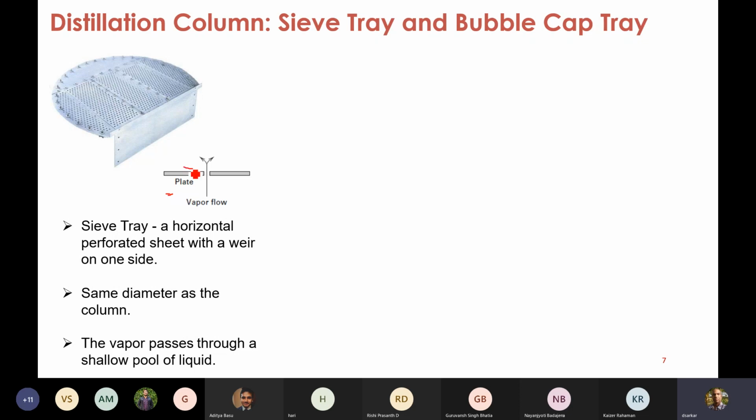There will be a liquid pool over here, so the vapor simply passes through like this. This is an image of the sieve tray. It's simply a perforated plate. Note that there will be a small pool of liquid over this, because of this weir.